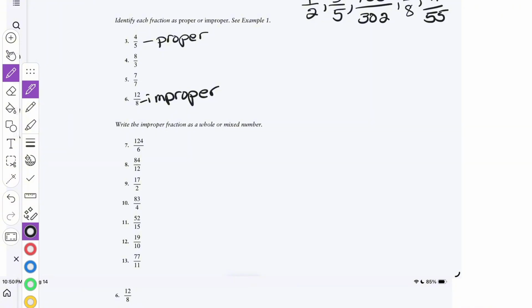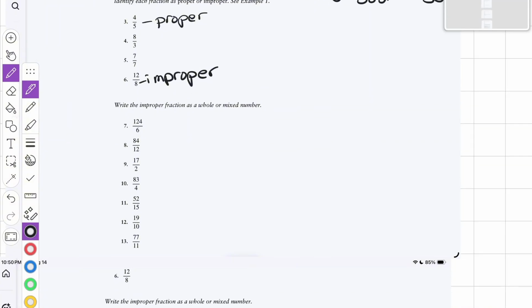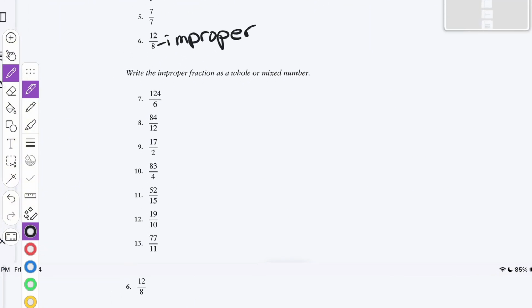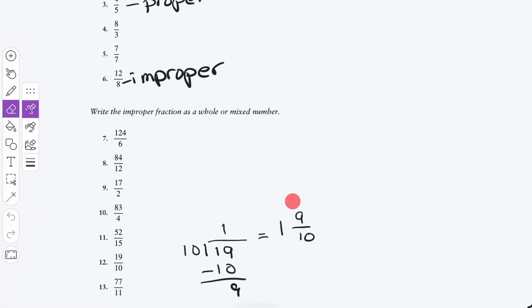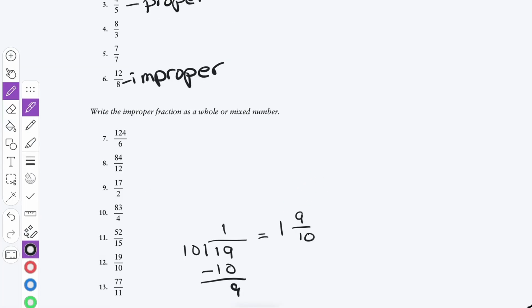And then let's do number 7. Write the improper fraction as a whole or mixed number. So I had to redo number 7. You're just going to do the traditional way of dividing into 124. And then because you have a remainder, you're not quite finished.